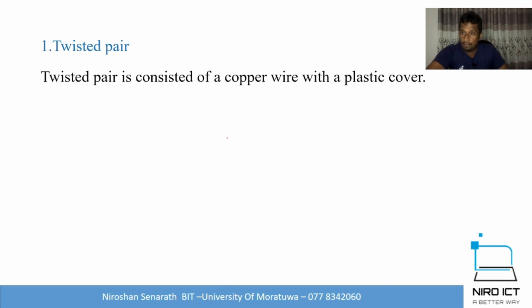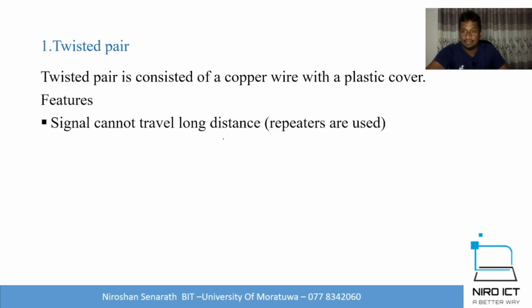There are 4 couples of wires if you look at twisted pair cables. And there are some features. Signals cannot travel a long distance. Actually, you cannot travel signals more than 100 meters. If you exceed the limit, you have to establish some repeater.